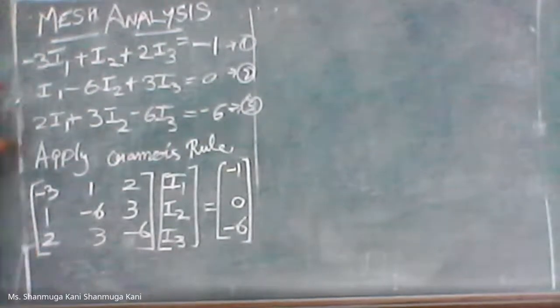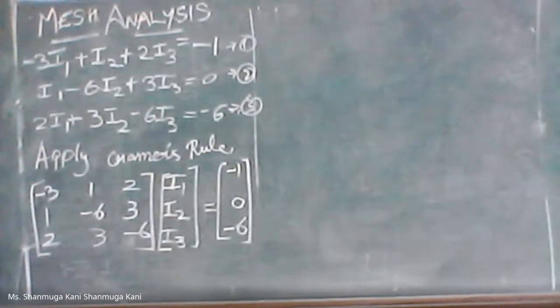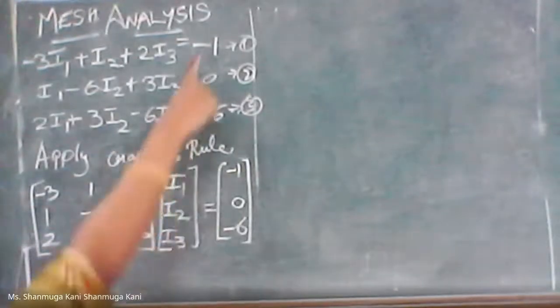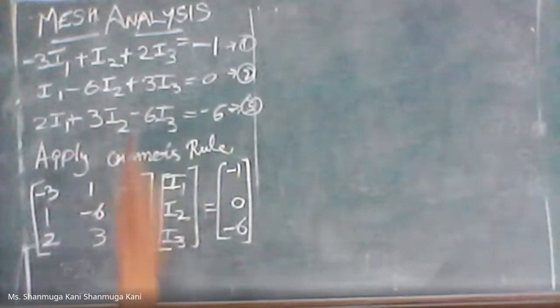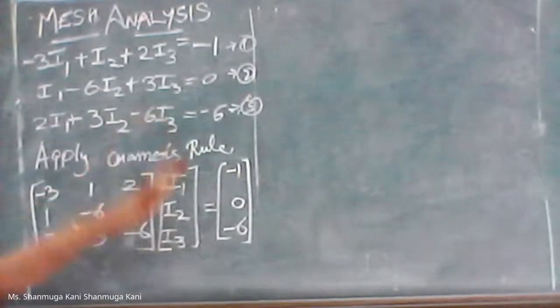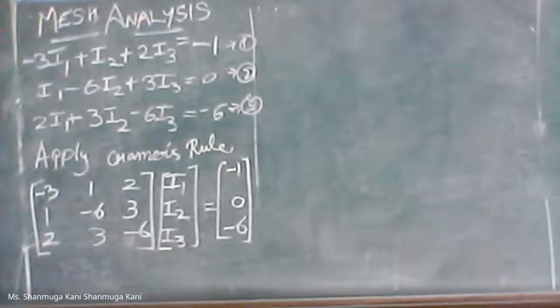We just have to segregate our coefficients of I1, I2, I3 and write in the matrix form. And one more thing, all the single numbers we have brought to the right side when solving the equation. You should be careful in bringing that to the right side. So this is our matrix form.